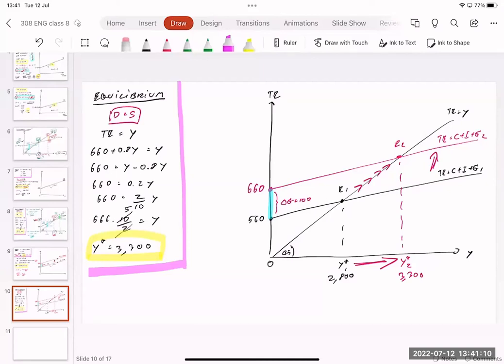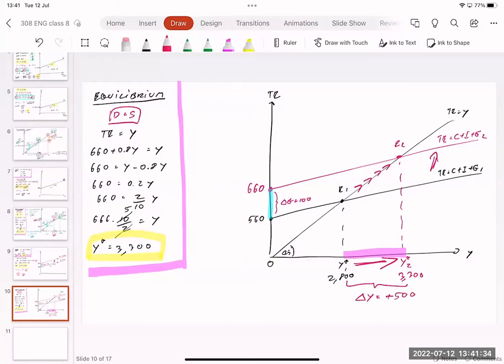So what is interesting is the government spends 100 more. However, GDP increases by more than that. GDP, delta Y, increases from 2,800 to 3,300, an increase of 500.